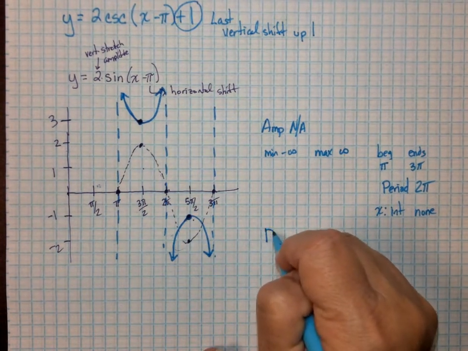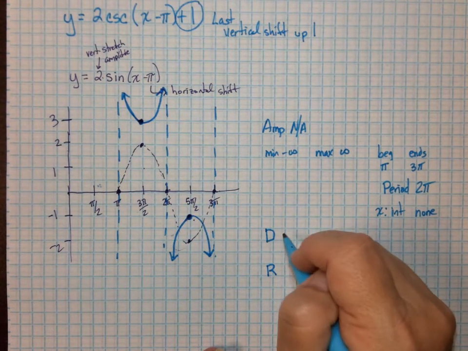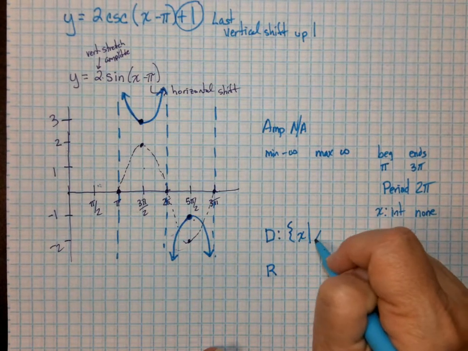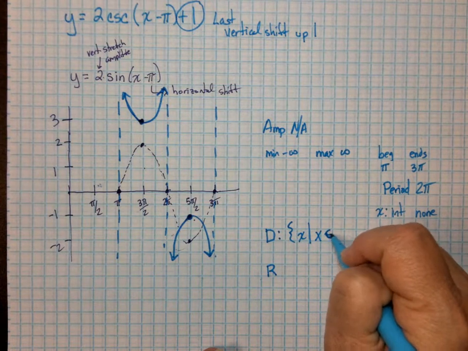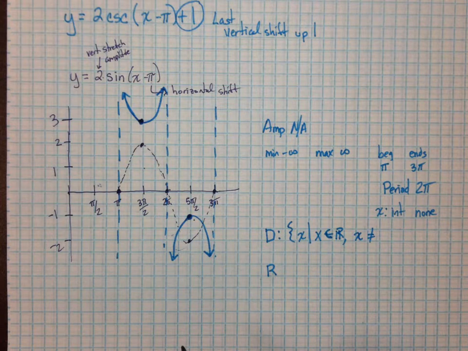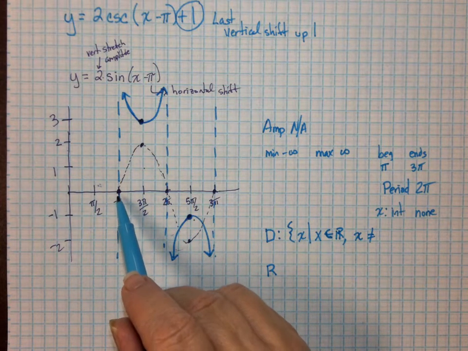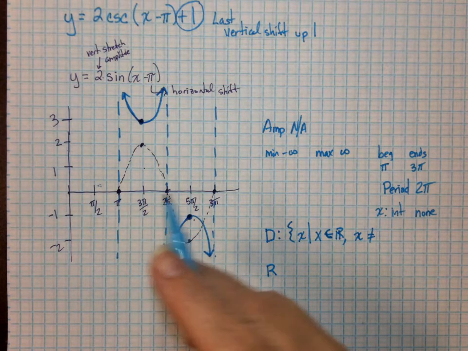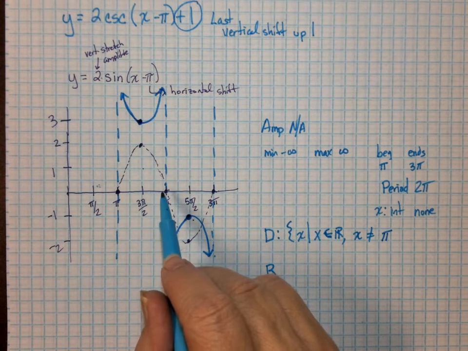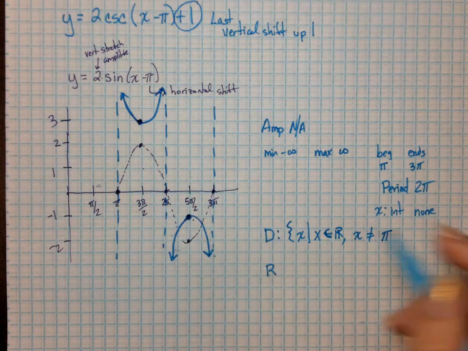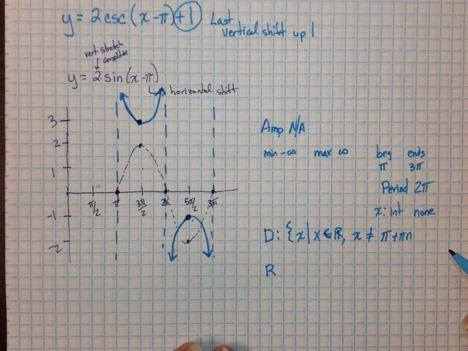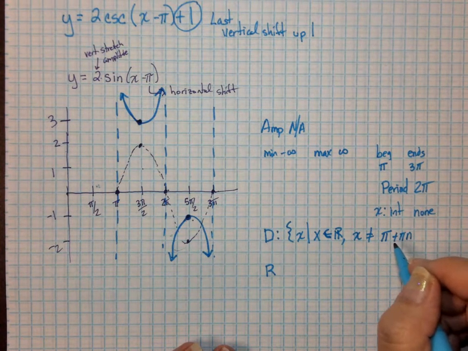Alright, so the domain and the range are the ones that become a little trickier. We know our domain is restricted because we have asymptotes, but we're going to start x such that x is an element of the real numbers, but x cannot equal some stuff. Well, our first asymptote is at pi, and then it's occurring every pi. So I could write pi plus pi n, but I really don't need to, right?